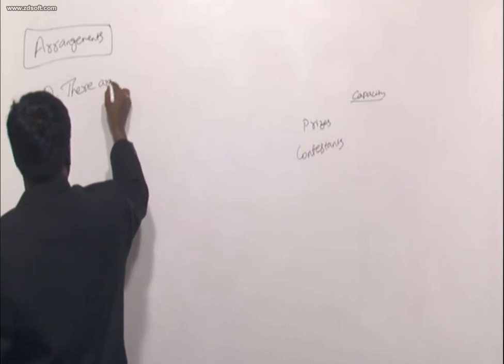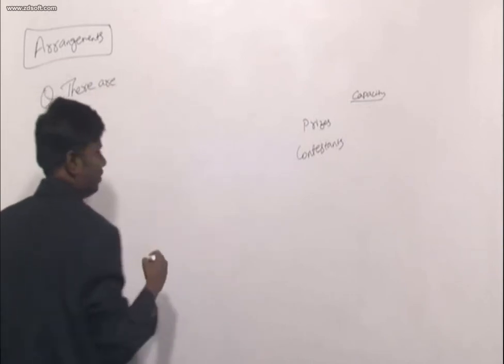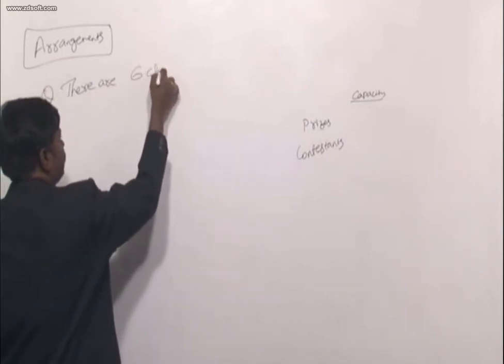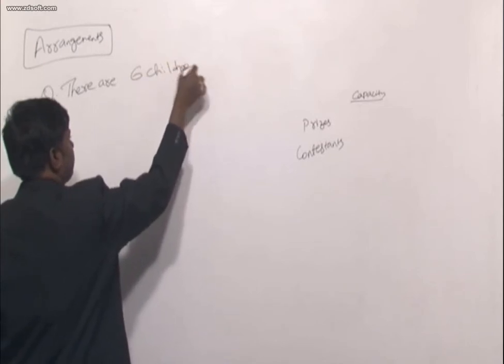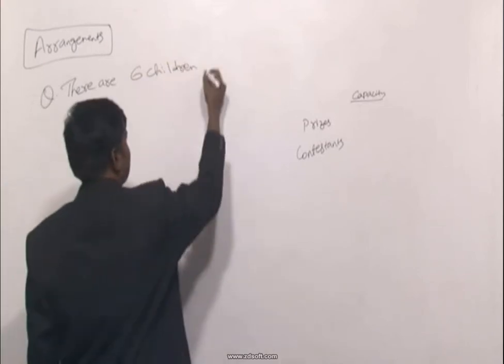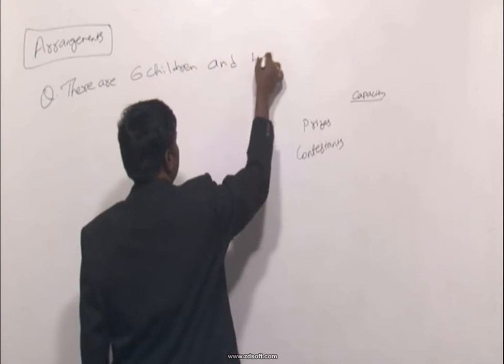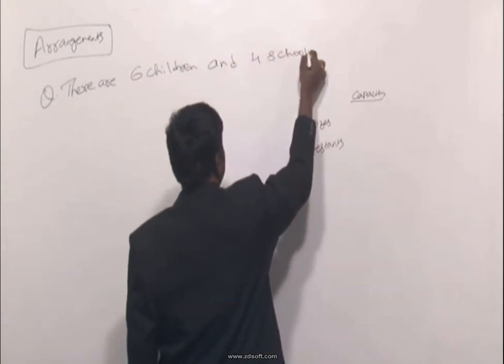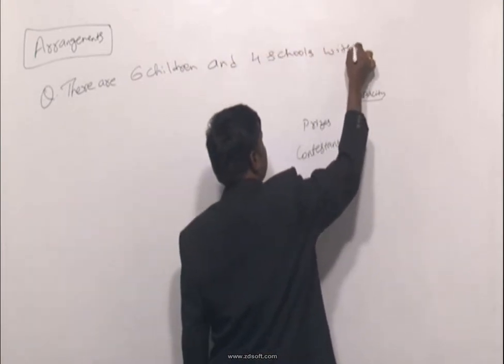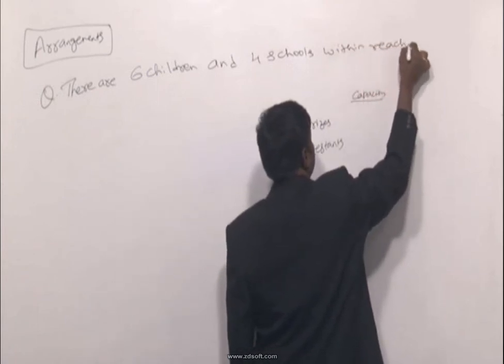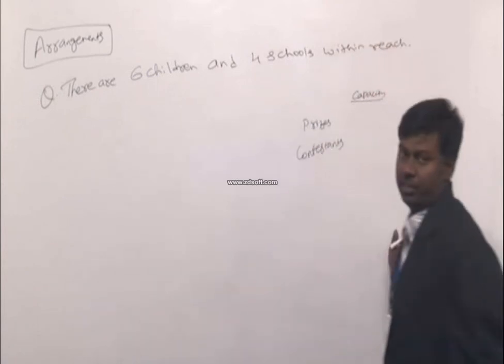There are 6 children and 4 schools within reach. There are 6 children and 4 schools within reach.